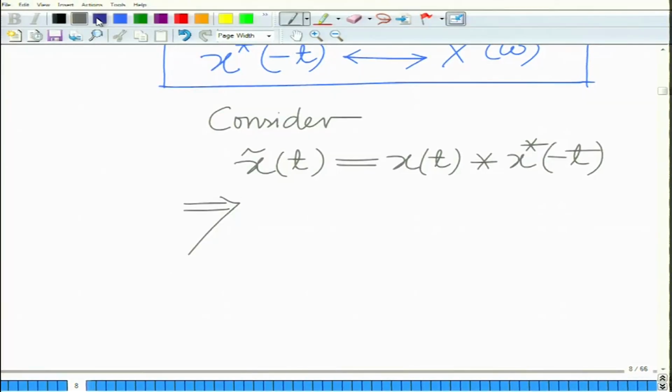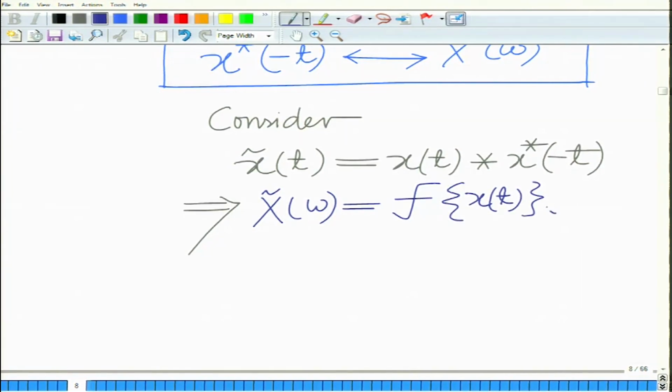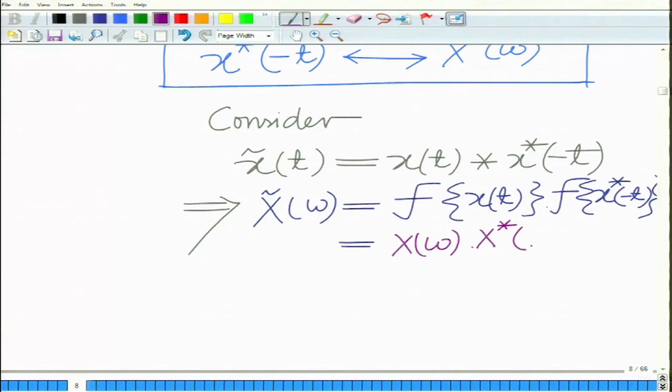Therefore, if you take the Fourier transform of x tilde of t, you have X tilde of ω is the multiplication of the Fourier transform of x of t times the Fourier transform of x conjugate of minus t, but the Fourier transform of x of t is X(ω), and the Fourier transform of x conjugate of minus t is X conjugate of ω, as we have seen above.